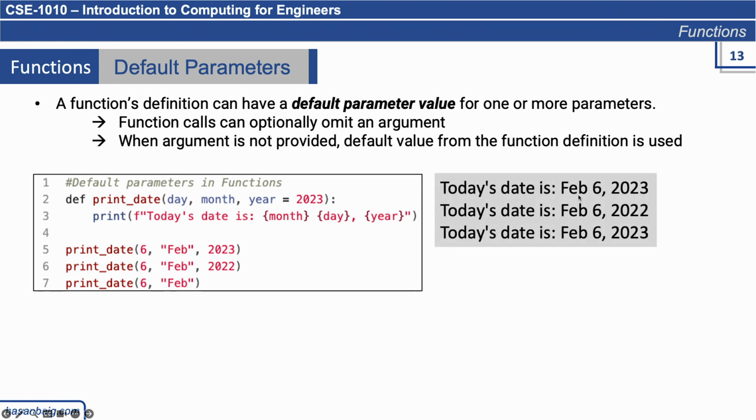So it would print February 6, 2023 when the function is called for the first time. When the second call is made in line number 6, it would print February 6, 2022 because we passed the value 2022. In the third call, we did not pass anything, so it used the default value that we have already defined in the parameter list.